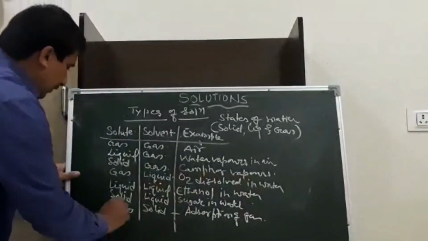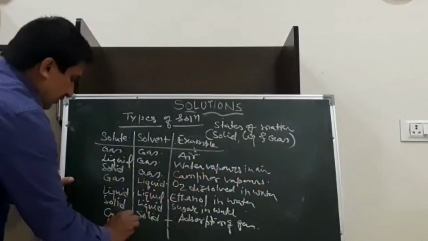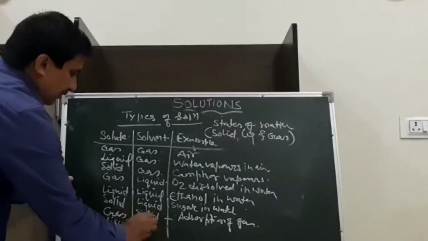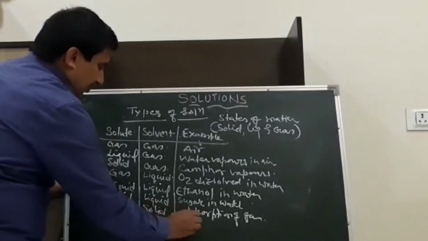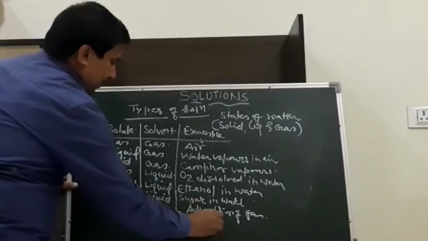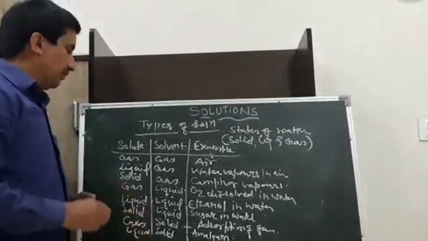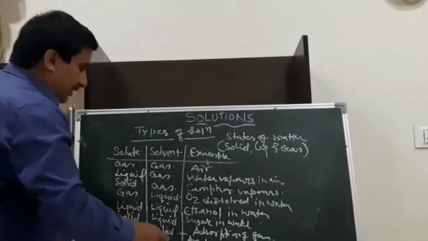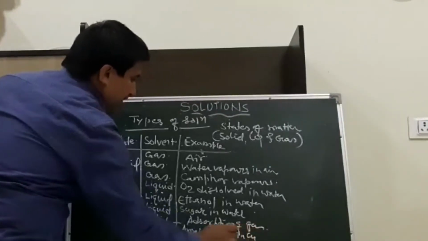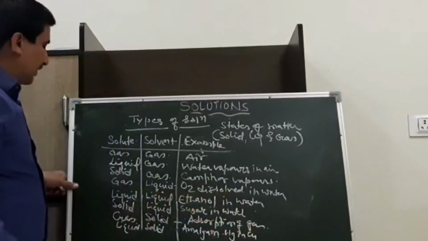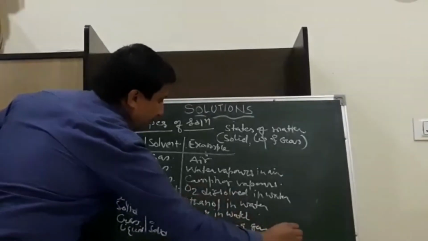Next is liquid in solid. Liquid in solid may be amalgams. Students, you might know that anything mixed with mercury gives an amalgam, like Hg in Cu, mercury in copper, or mercury in gold, Hg in Au.